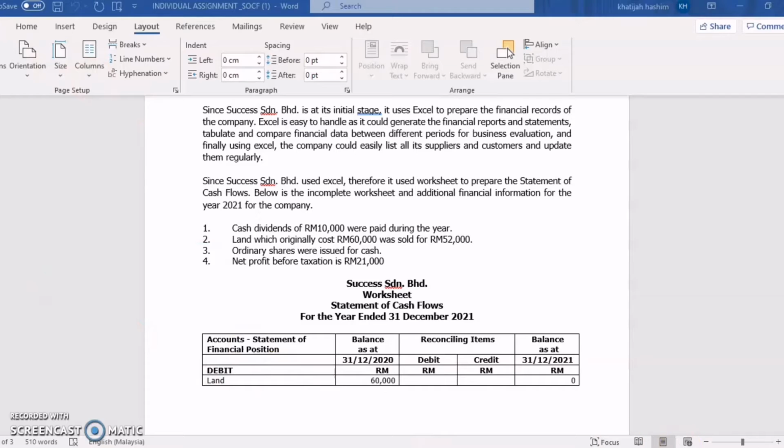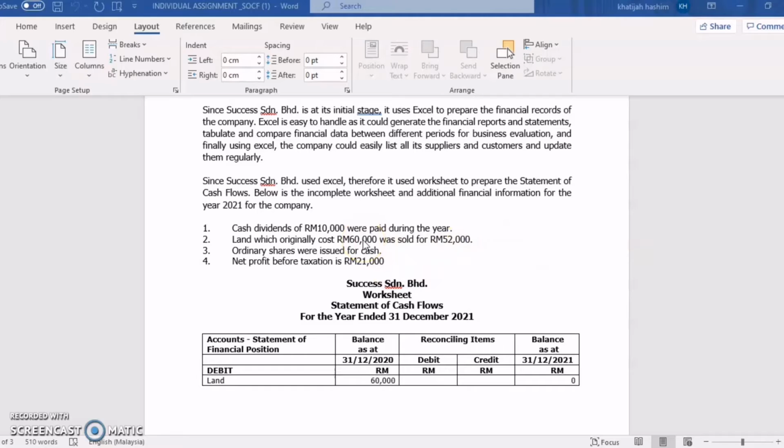Here is the additional information for the year 2021 for this company. Number one, cash dividend of 10,000 was paid during the year, meaning that we declared a dividend paid of 10,000. We should put it in financing activities. For the second one, land with an original cost of 60,000 was sold for 52,000. So there is a loss on disposal of land, which is 8,000.